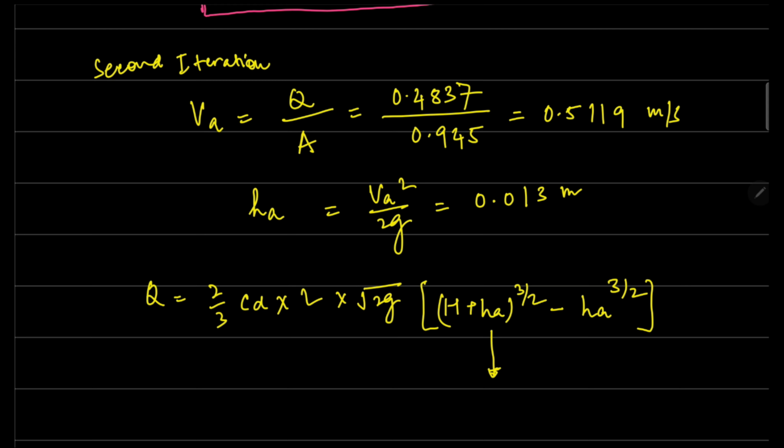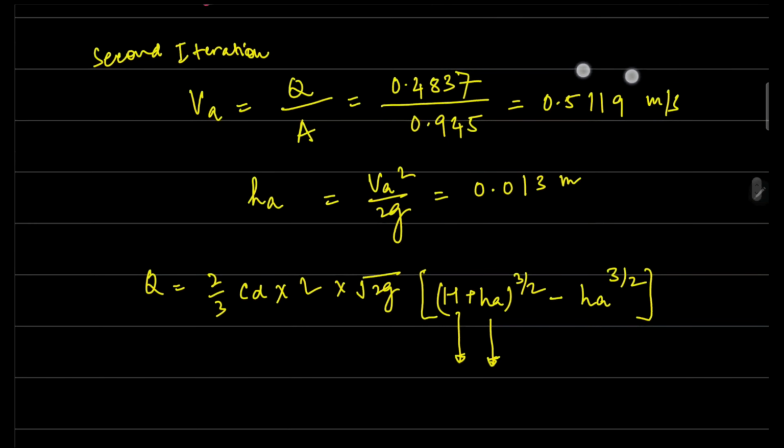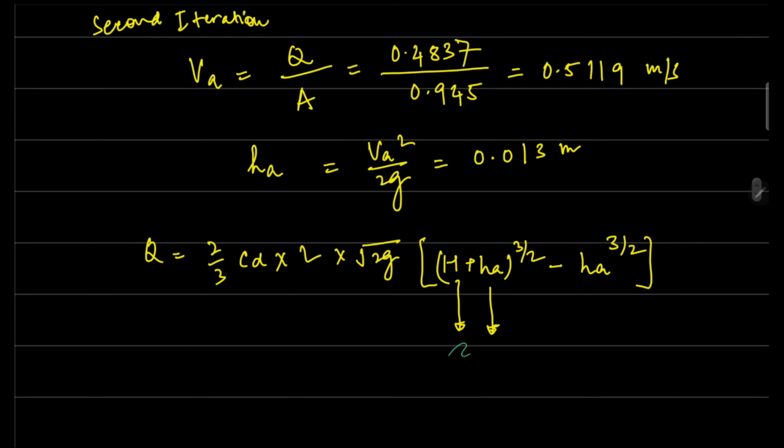Ha we just got. The h value we are aware of is 0.45, so this value is 0.45, and in ha we will put the value 0.013, and similarly here also 0.013.